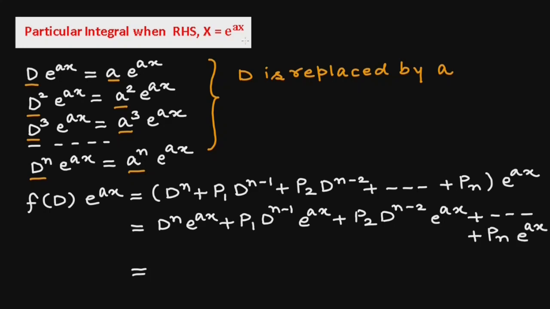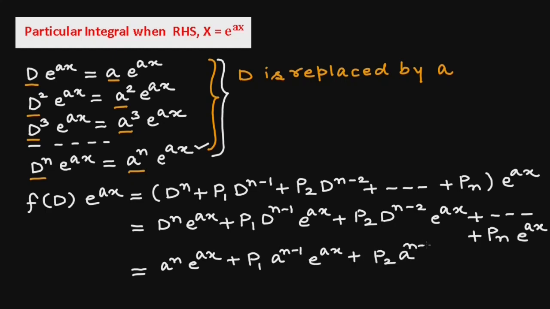According to these values which we have already found out, this will be a raised to n e raised to ax plus p1 a raised to n minus 1 e raised to ax plus p2 a raised to n minus 2 e raised to ax plus so on and so forth plus pn e raised to ax.